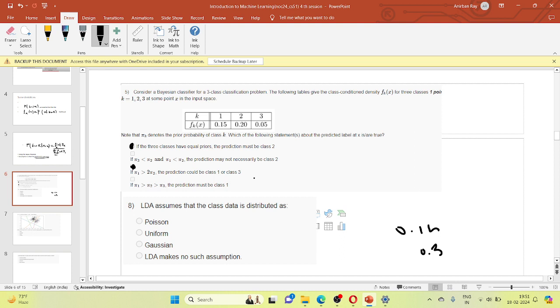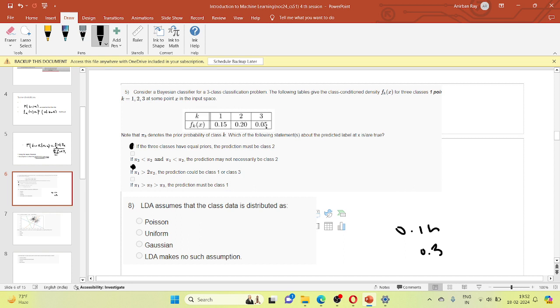Yes, the third point. The thing is that f(x) is very small, but the prior is not known, right? The prior can be quite high. Suppose pi 1 here is 3 pi 2. Then that becomes 3 times, so that will be 0.45, and this is 0.2.